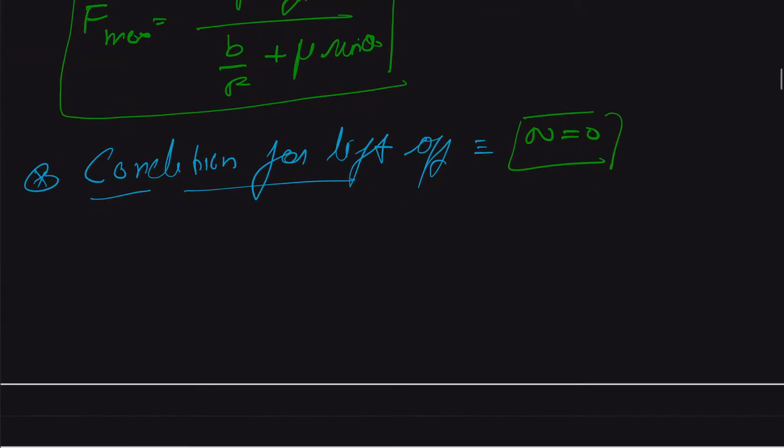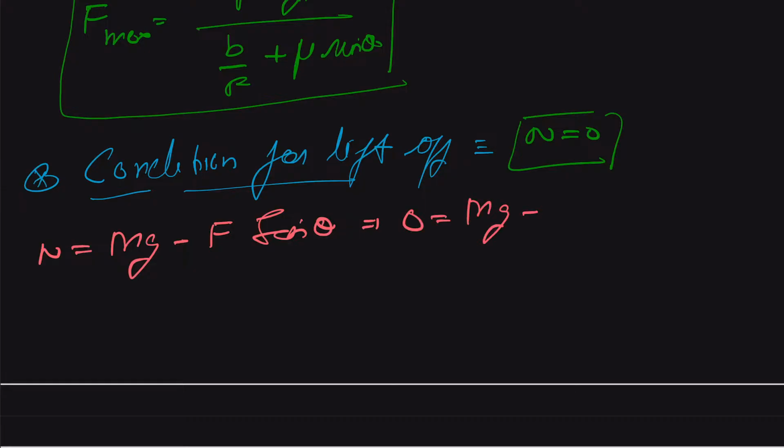So we start with our basic equation, that is N is equal to mg minus f sine of theta, and we put normal equal to 0. So we get 0 is equal to mg minus f sine of theta. When the normal is 0, let us call this f as f lift.